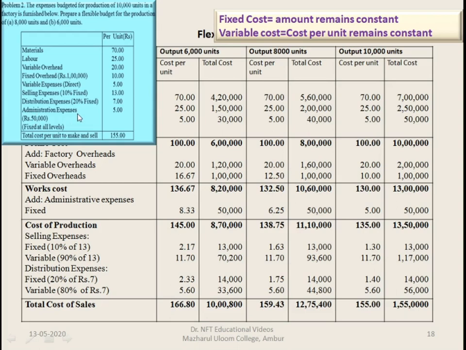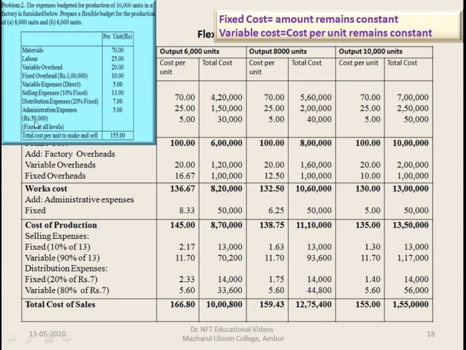Now, what is the next adjustment which is given? You have to see the administrative expenses. Here we are preparing the total cost based on the cost sheet. So, you might have done the cost sheet in cost accounting. That's the procedure we are doing here.